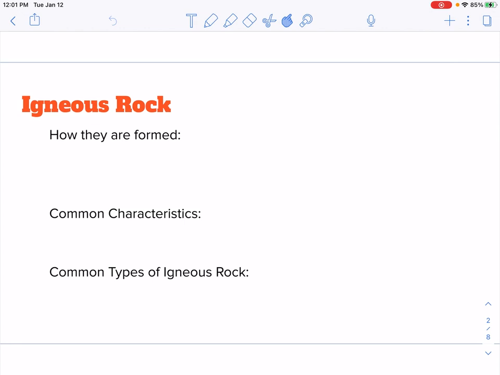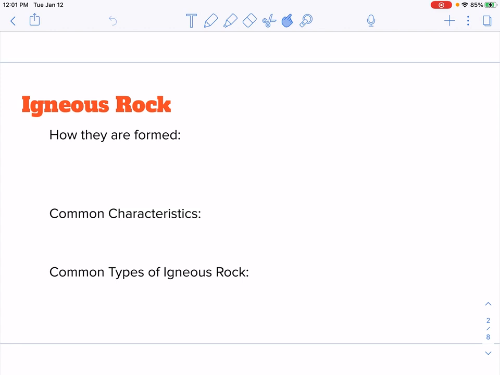There's this stuff called magma, which you can think of almost as liquid rock. It's basically a boiling pool of rock, and there's a whole layer of it deep under the Earth's surface. And igneous rocks are formed when some of this magma gets away from that, either underground or above ground.